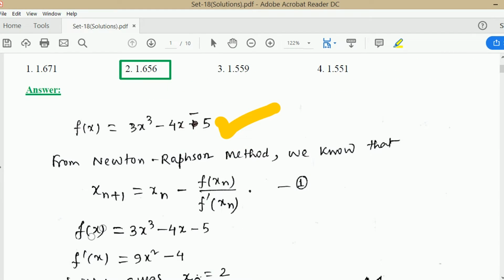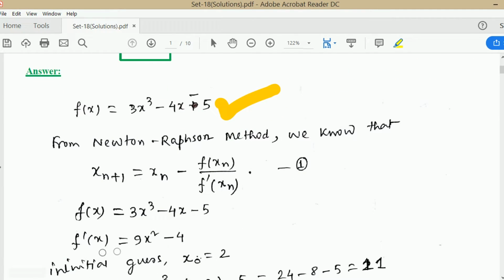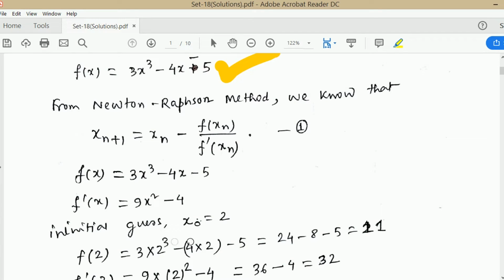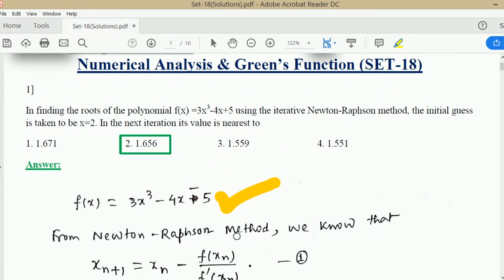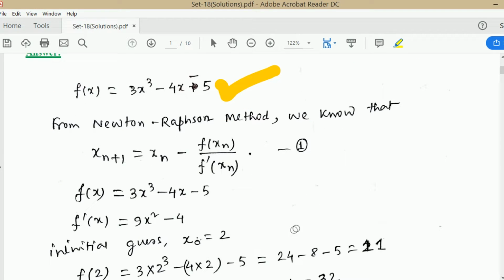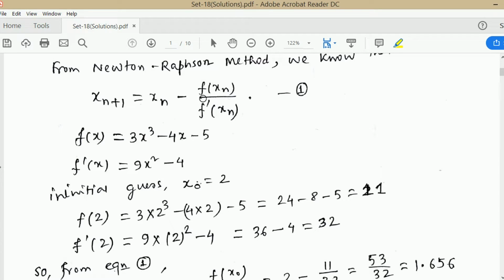So f(x) is given. Now f'(x) we found to be 9x^2 - 4, taking the single derivative. The initial guess is x_0 = 2. Then we calculated the value of the function f at x_0 = 2 and f' at x_0 = 2, and we get 11 and 32.